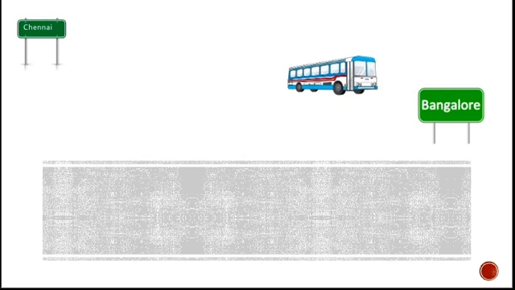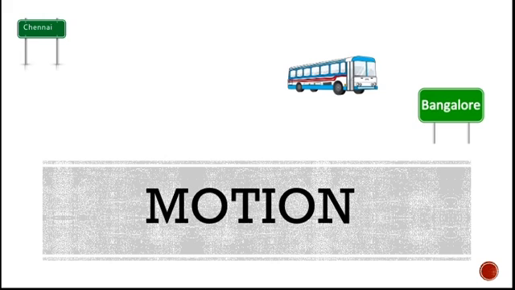We are covering it with the help of an object which is moving. In this case, it is a bus that we are sitting inside, and it is moving from Chennai to Bangalore. So, when you want to cover some distance, there has to be some object which is moving, and that movement is called motion.